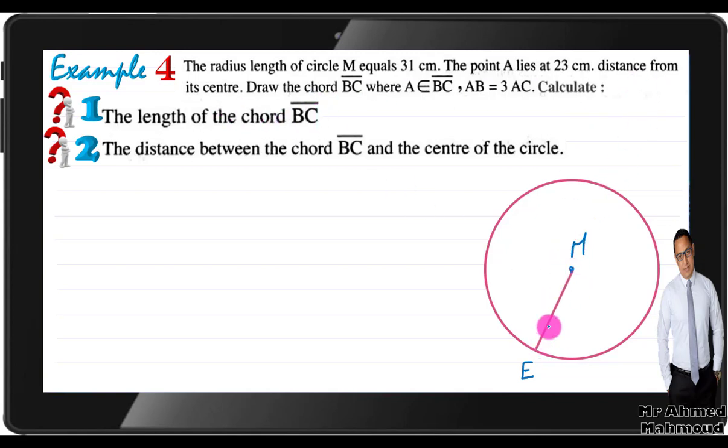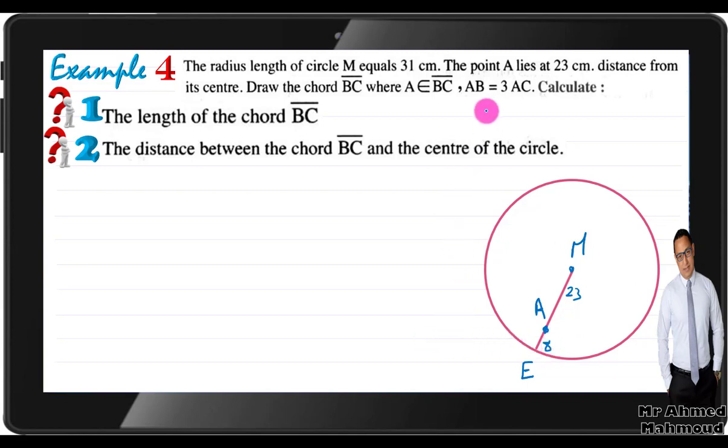From the center here there is 23, so 23 is less than 31, so A is probably here in this position. This distance equals 23, and this distance equals 31 minus 23 equals 8.